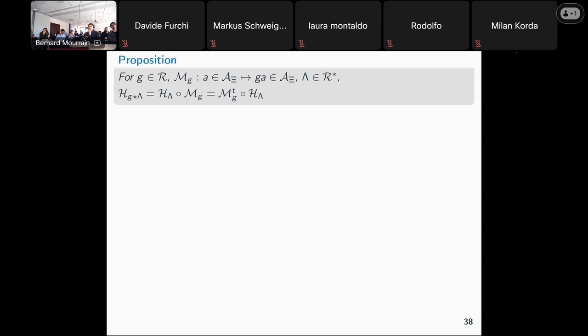So we see that these operators are appearing naturally when we look at this multiplication of sigma or lambda by some G.